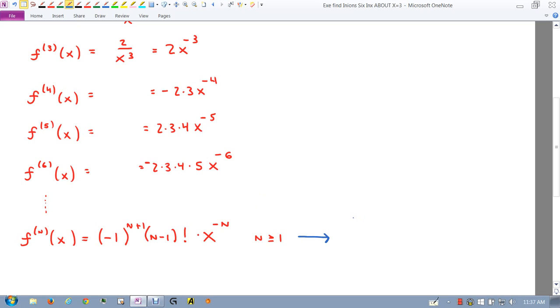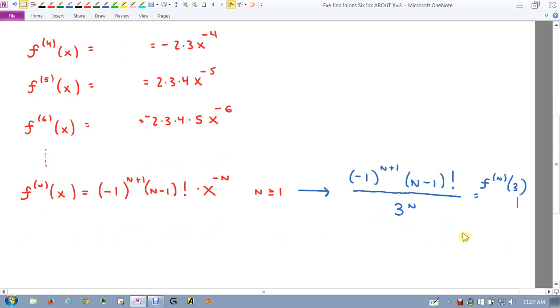It'll be -1 to the n plus 1 times n minus 1 factorial over 3 to the n. So what I did there is I realized x to the negative n, just drop it down to the bottom, and I'm replacing x with 3, yes? So this is the formula for the nth derivative evaluated at 3. But it only works for n bigger than or equal to 1.